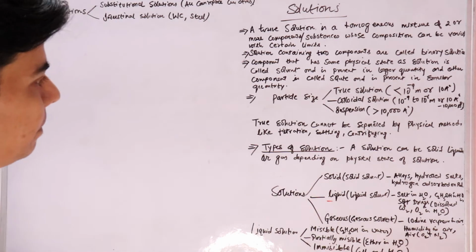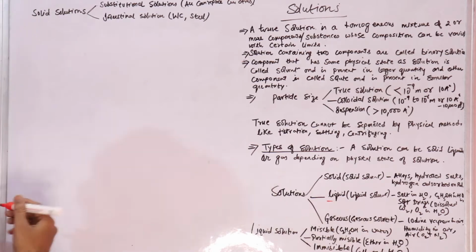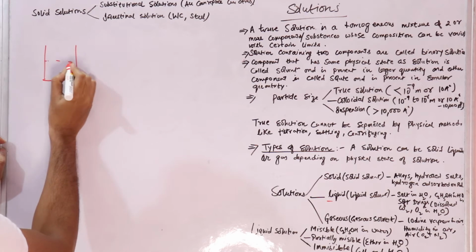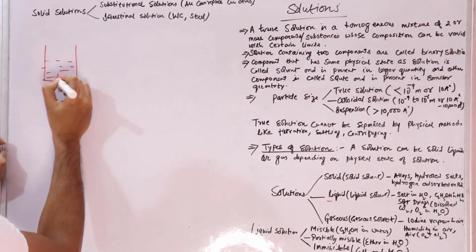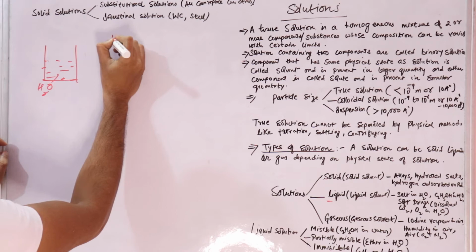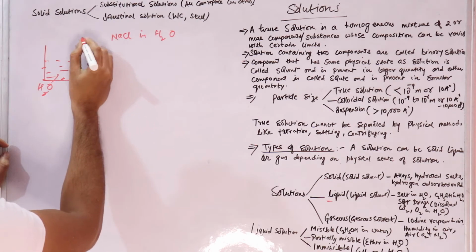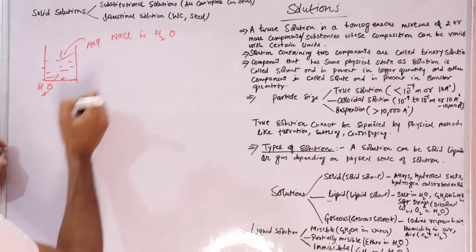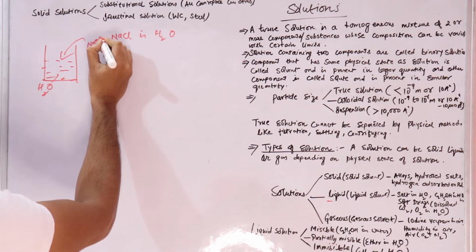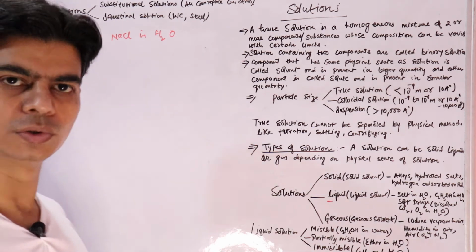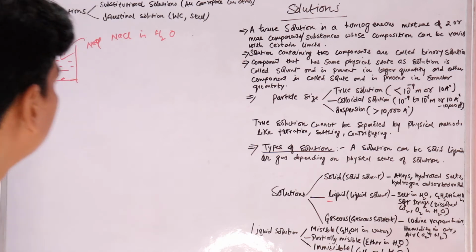Let's quickly take an example and understand all these points. Let's take a simple solution, which is a solution of sodium chloride in water. We add sodium chloride to water, and this is an example of a liquid solution.